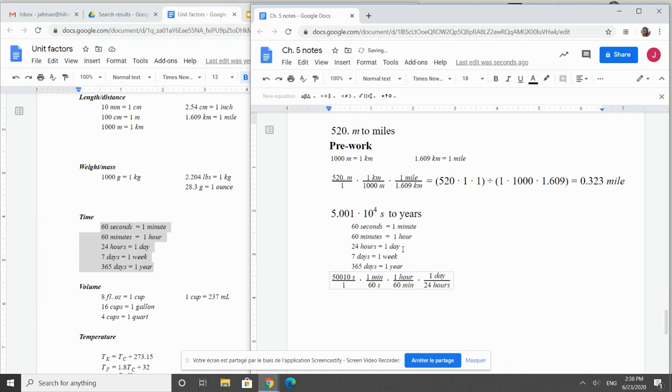Now that I'm looking at this, I realize I don't need this fraction here because I can just go right from days to years. And then days is up top, so days must be on bottom. So then to put it in your calculator, parentheses are important here.